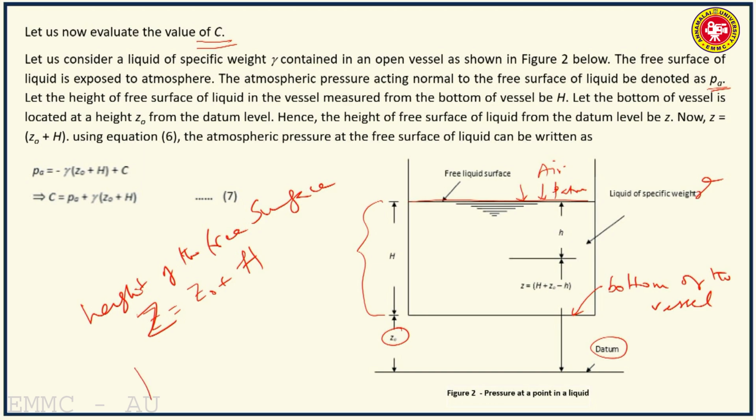So we can represent P atmospheric as gamma into (z0 plus h) plus C, because it is gamma z plus C, with z being z0 plus h in this case. So C is equal to P atmospheric plus gamma into (z0 plus h).